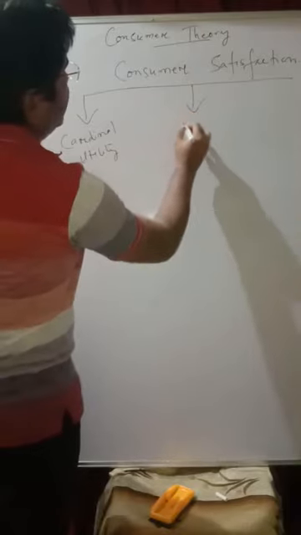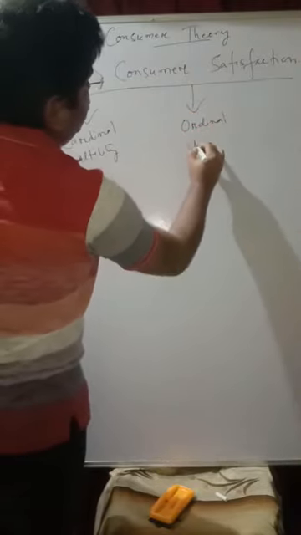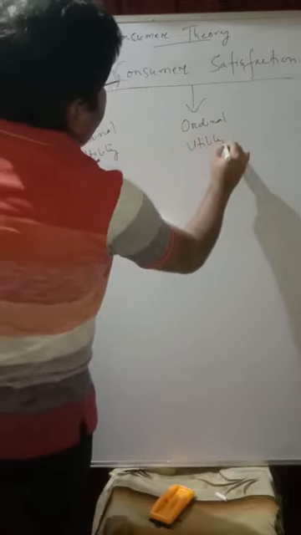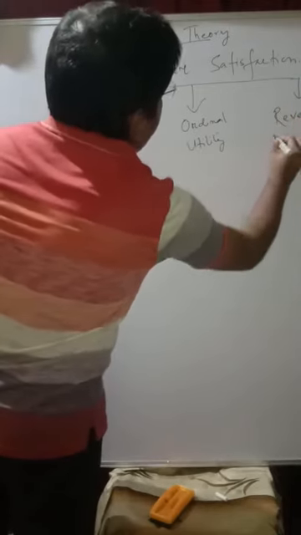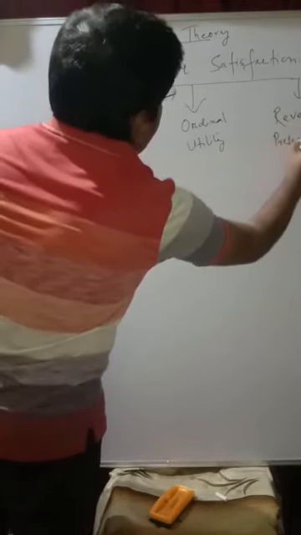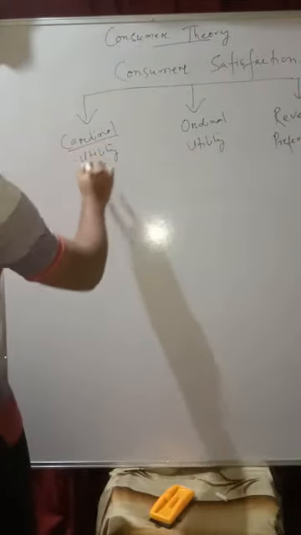One is called the ordinal utility approach. And another one is your revealed preference. For your purpose, cardinal utility and ordinal utility are more important.